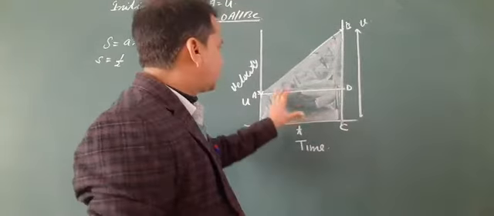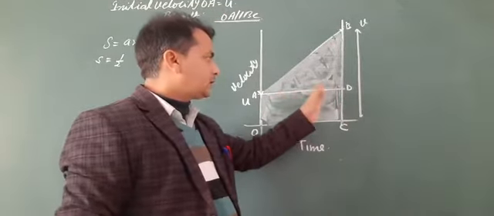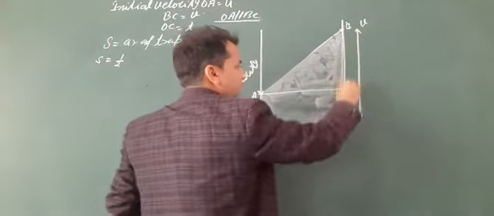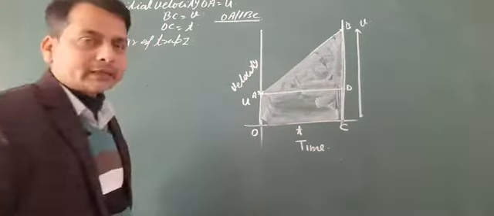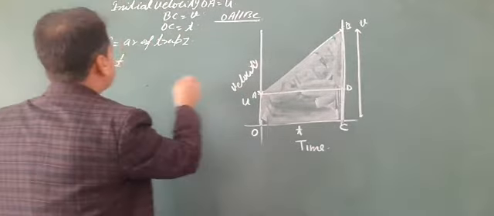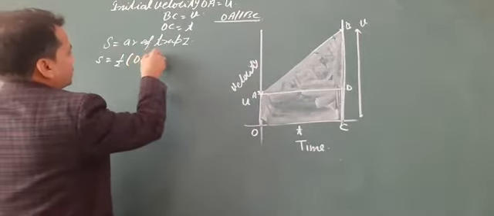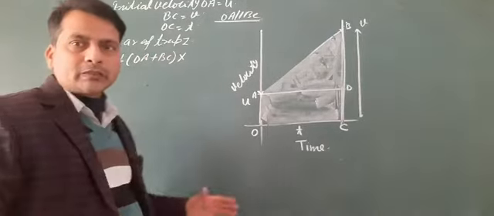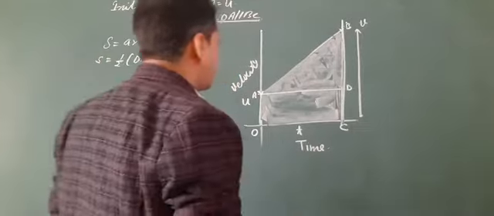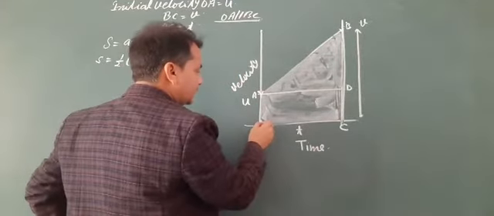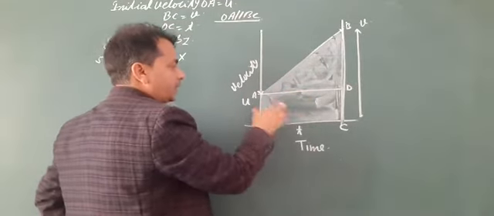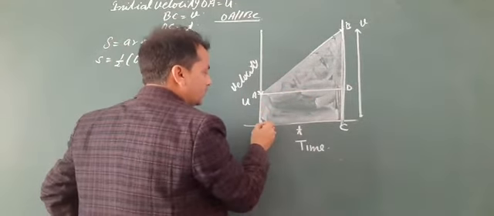In this trapezium, the parallel sides are OA and BC, so the sum of the parallel sides means OA plus BC, into the distance between them, and the distance between the parallel sides BC and OA is OC.